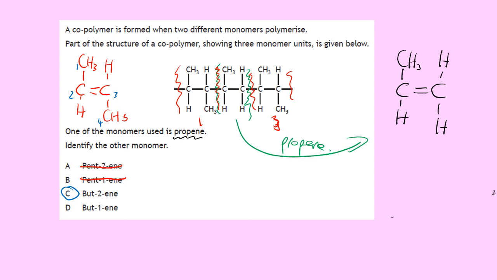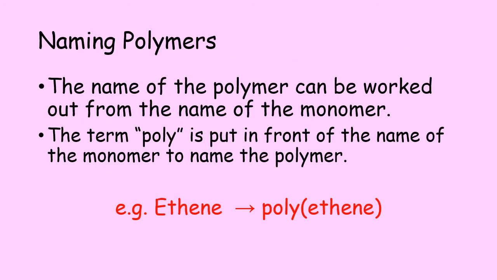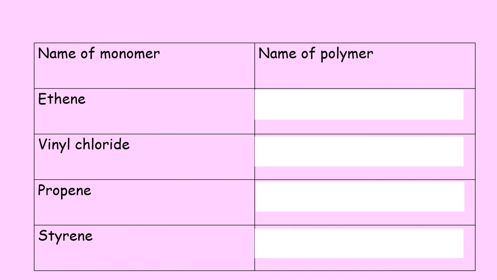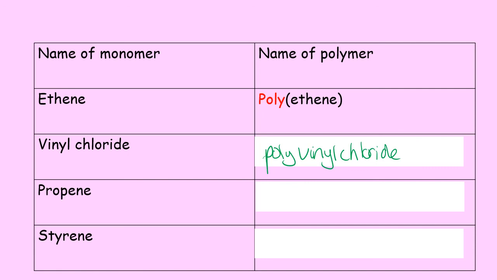Now the final thing we need to be able to do is name polymers, and this is very easy because all we do is put poly in front of the name of the monomer. So ethene becomes polyethene. So obviously we've already done polyethene, but vinyl chloride, all we do, poly, vinyl chloride, or PVC as it's more commonly known.